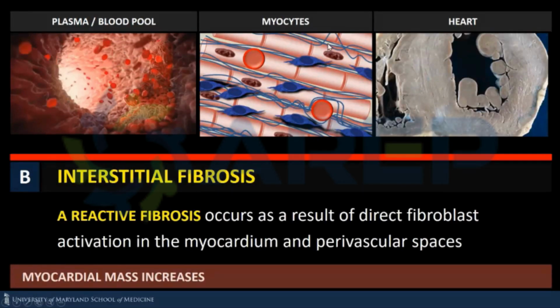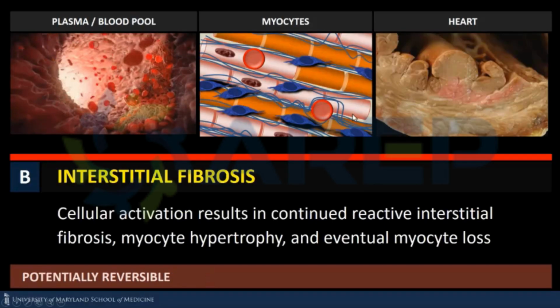So myofibroblasts get activated and they get laid down. That leads to initially increased myocardial mass, because you have normal myocardial mass plus deposition of these fibroblasts and collagen, and that leads to increased myocardial mass. Over time, then you get more of a reactive fibrosis.